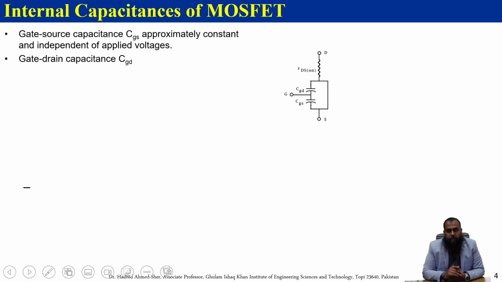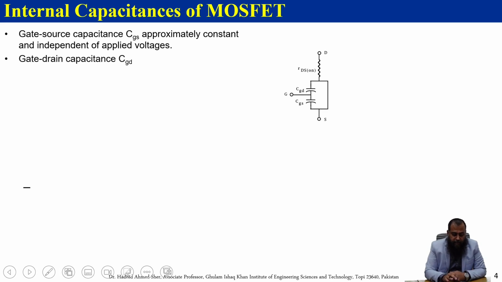Okay, so the next question here is: do we have these capacitances which are represented as CGD, CGS, and CDS, are these constant, or do they vary with time? So we have the CGS, which is the gate to source capacitance. It is approximately constant, and it is independent of the applied voltage.